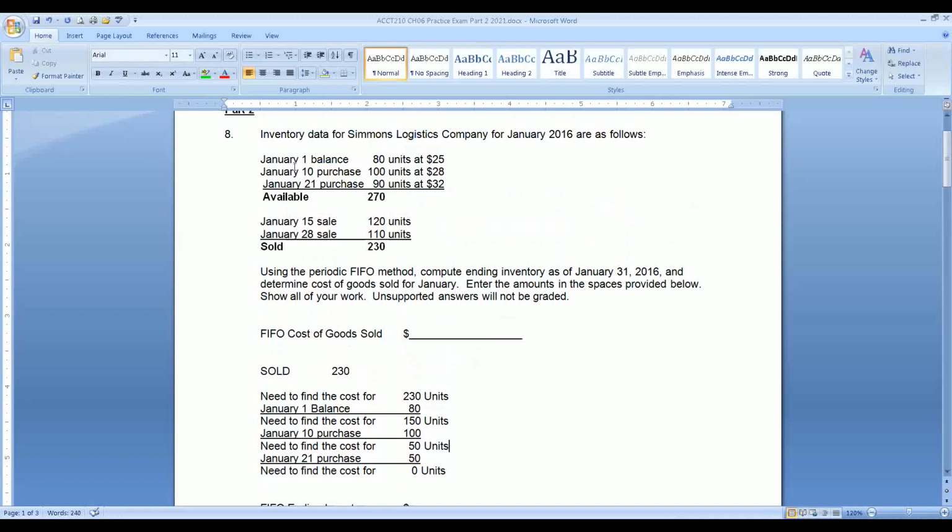All right, so basically, let's see, these are gone. Those are gone, never coming back. These are gone, never coming back. We sold 50 of these.